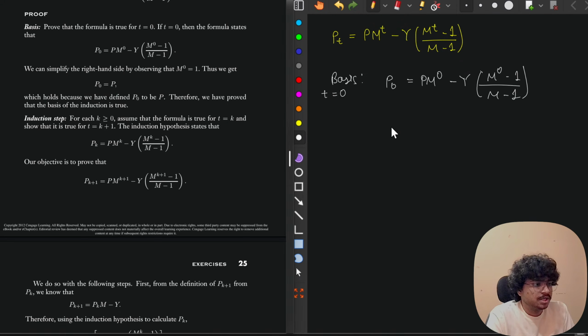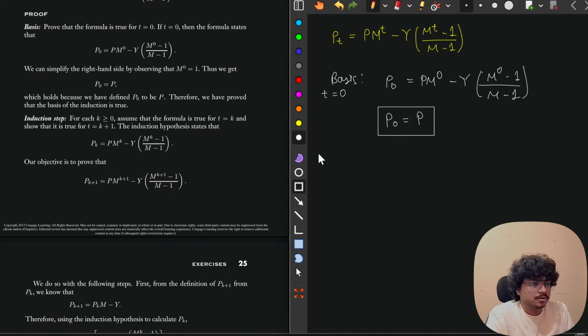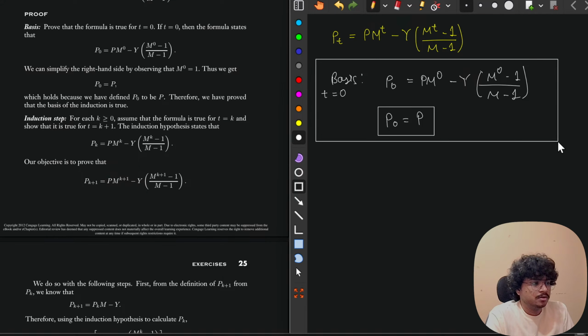So simply P_0 equals P. Is our basis done already? Yes.